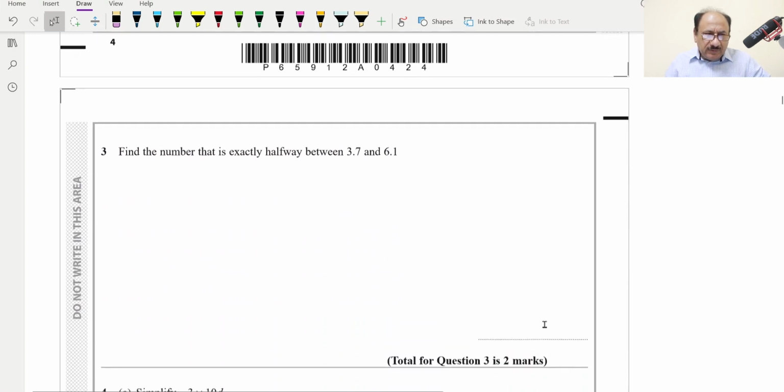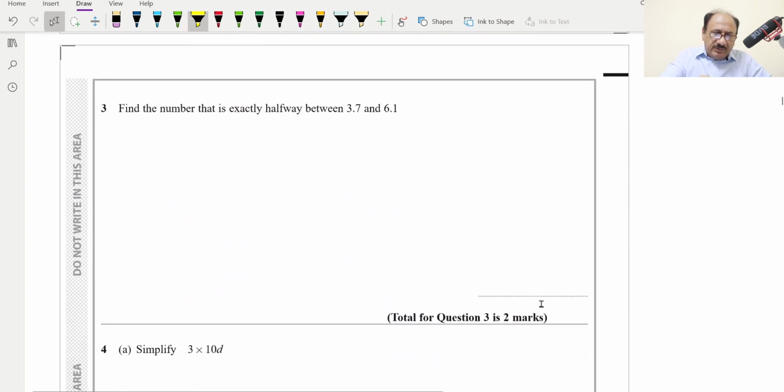Now question number 3, find the number that is exactly half way between 3.7 and 6.1. So what we can do is add the numbers and divide by 2.